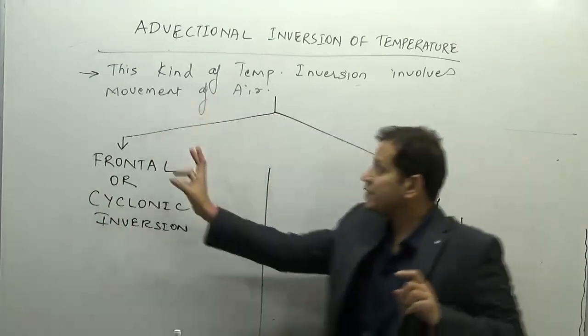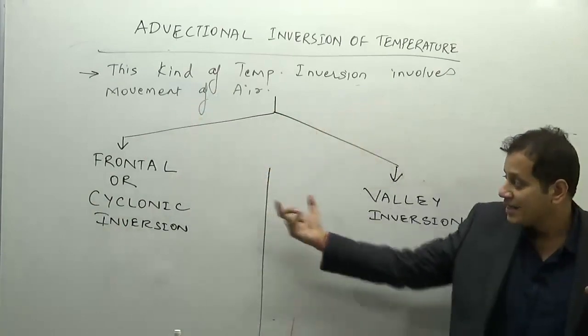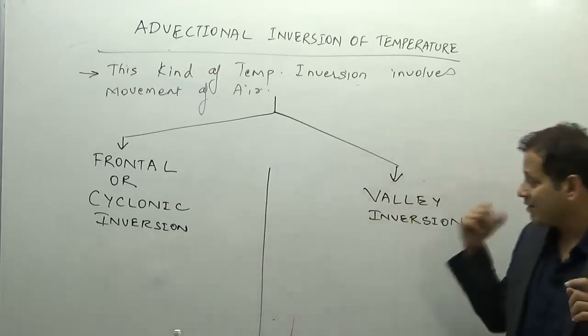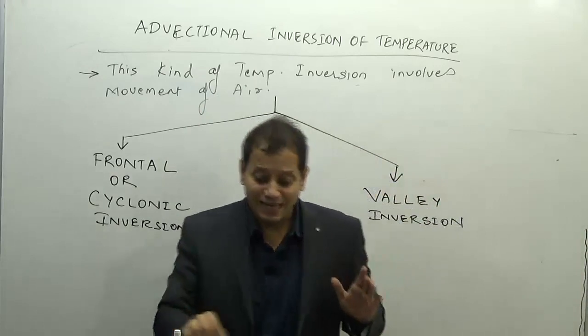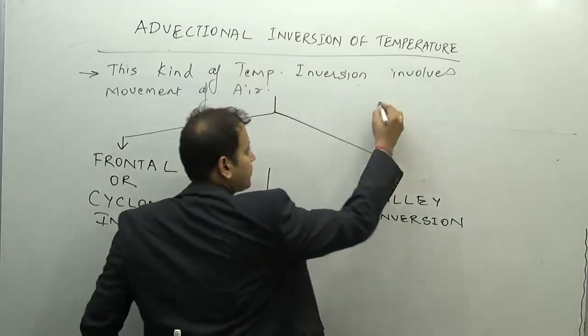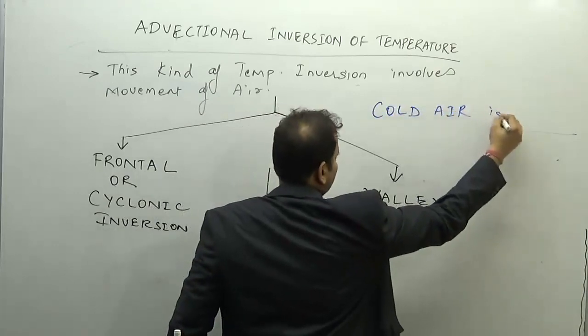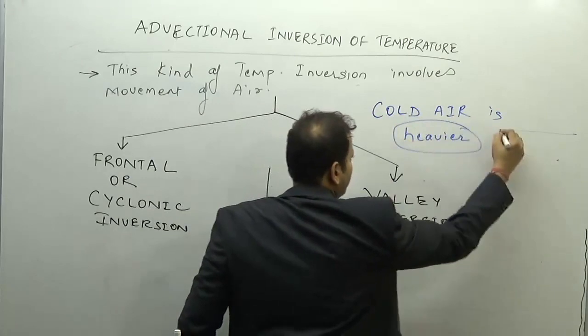Now again, what is advectional inversion? A kind of temperature inversion which involves movement of the air, divided into two types: frontal inversion or cyclonic inversion, and valley inversion. Now you remember one thing, that cold air is heavier than warm air.